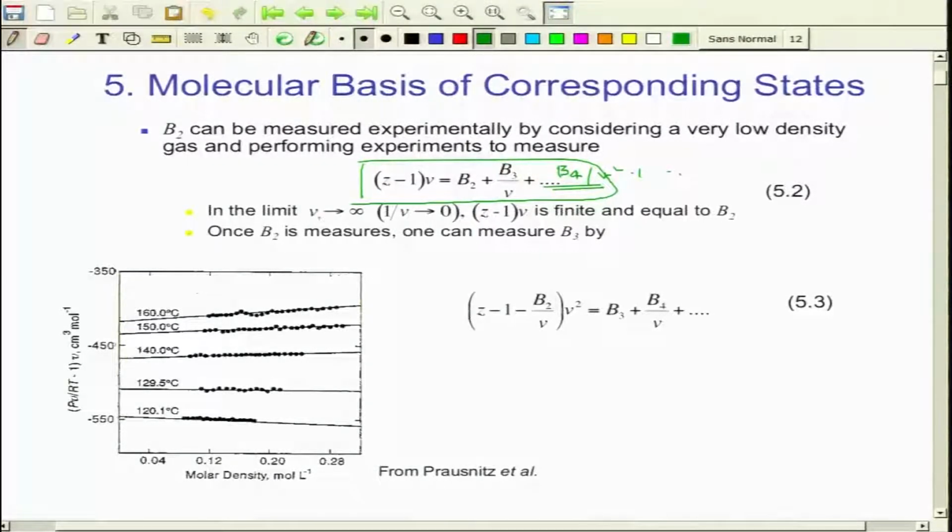By considering the limit of 1 by V, molar volume going to infinity, to be 0. That means we are talking about extremely dilute or very low density systems.